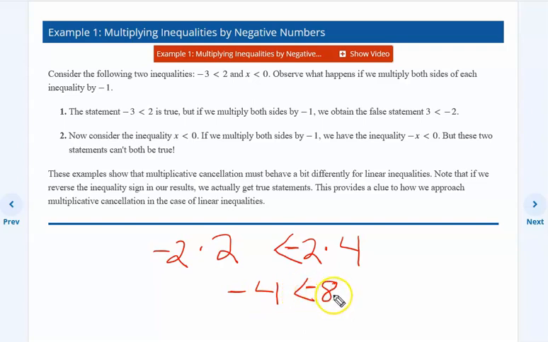And the answer is no. So in general, in order to keep inequalities true, when you multiply or divide your variable by a negative value, you have to reverse the inequality sign.